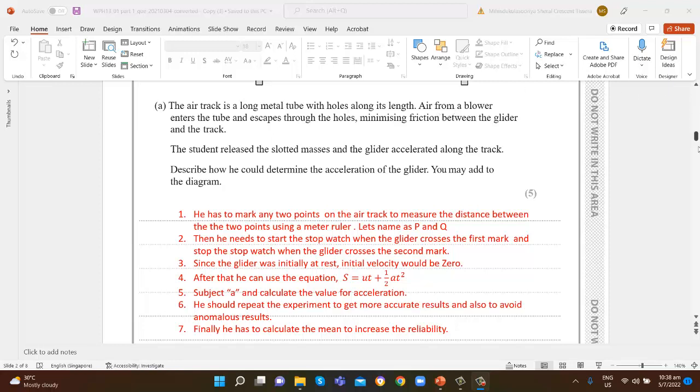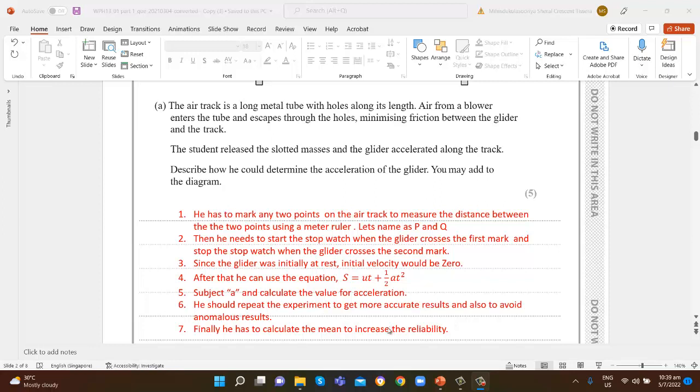They are given 5 marks. 5 marks means you have 5 minutes, and you have to write at least 5 sentences, that means 5 points. So now think carefully how to organize your practical.